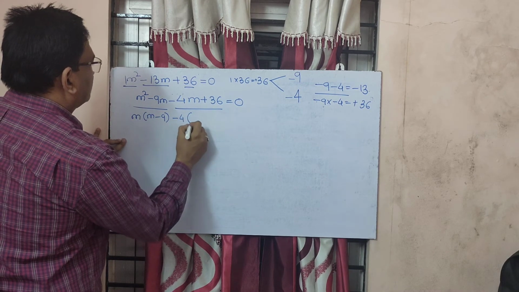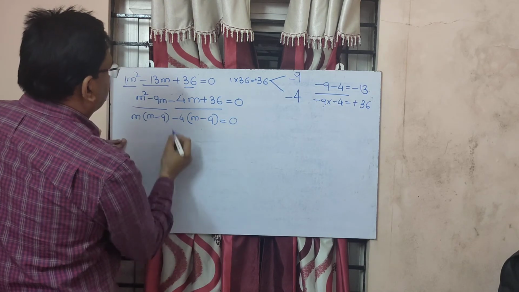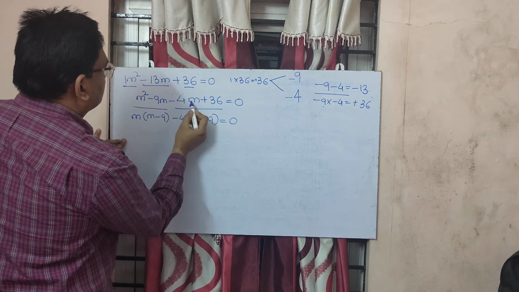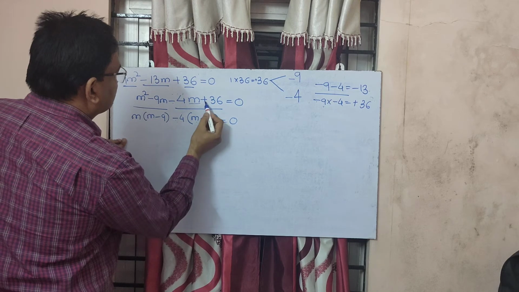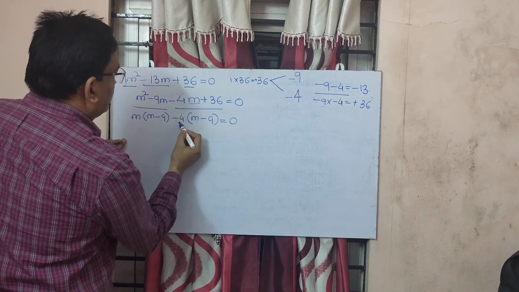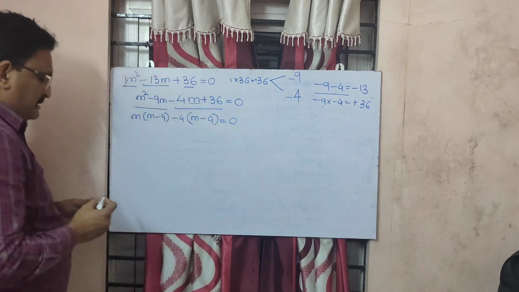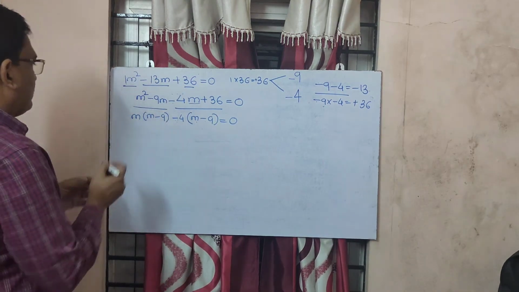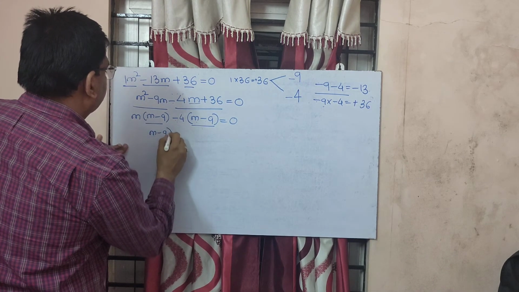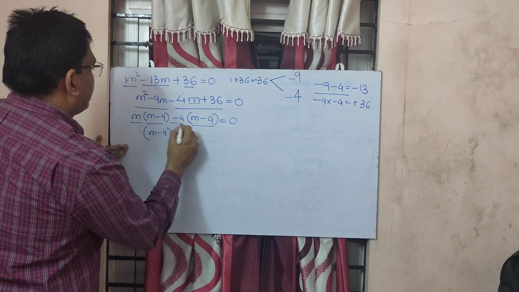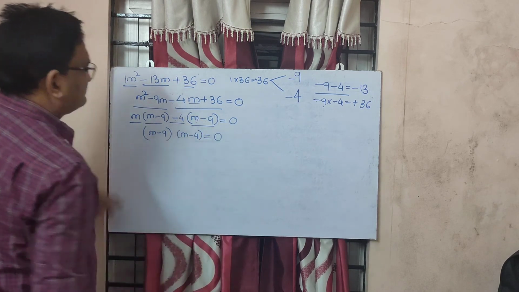Minus 4 is common, so what remains? 4 remains, m remains. Minus into minus is plus. 4 9s are 36. Now m minus 9 is common. What is remaining? m minus 4. m minus 4 is equal to 0.